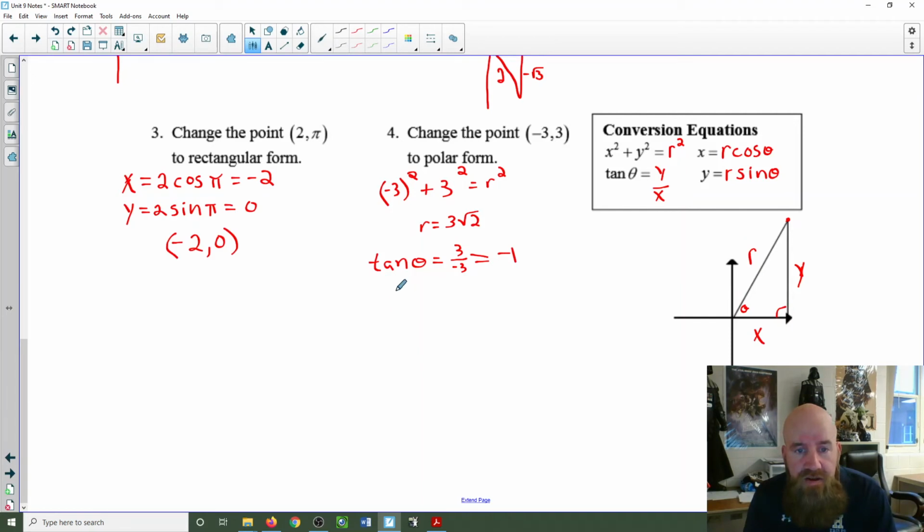So theta is going to be 3 pi over 4. Okay, so we know sine and cosine are the same value at 45 degrees. So we just have to figure out what the associated angle is in the second quadrant, which would be 3 pi over 4. So now our coordinate is (3√2, 3 pi over 4).